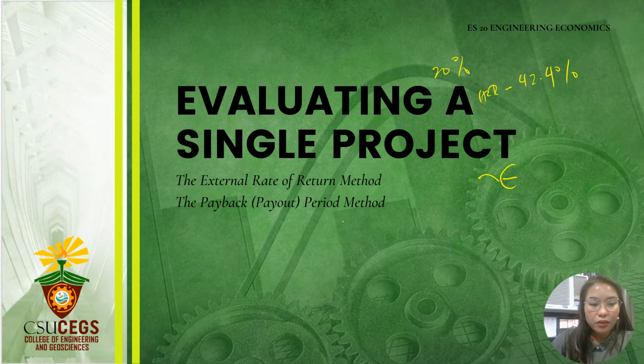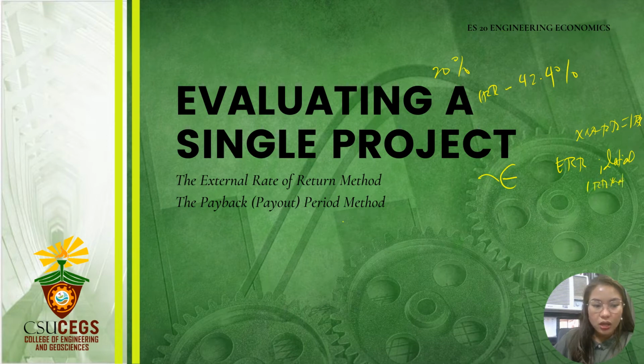If the external reinvestment rate, which is usually the firm's MARR, happens to equal the project's IRR, then the ERR method produces results identical to those of the IRR method.